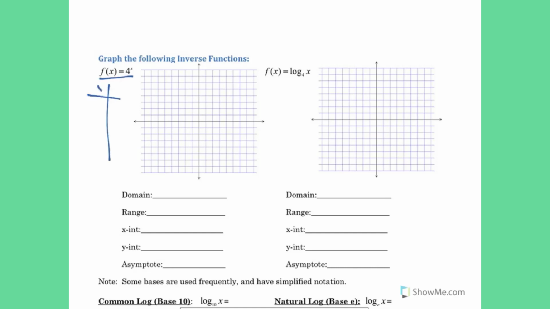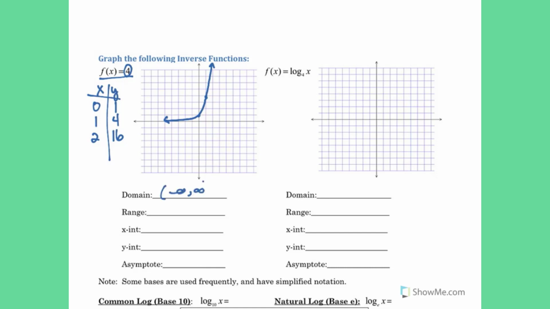Well, again, if you want to plot some points, when x is 0, y is going to be 1, 1, 4, 2, 4 squared is 16, a little bit tall, but we should know that the graph is very similar to the last one. It's just as the base changes, it might bend a little bit differently.